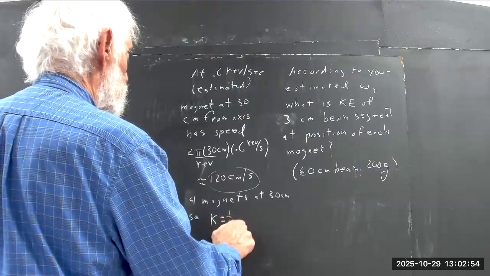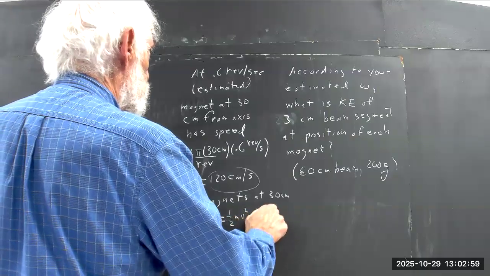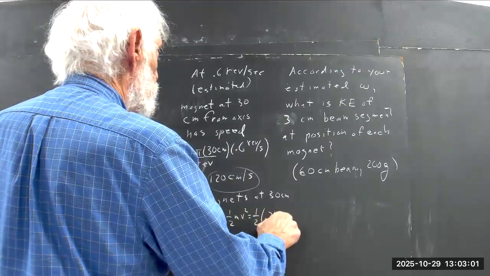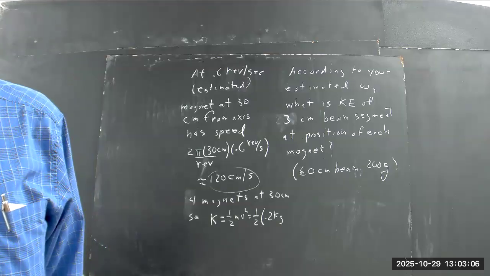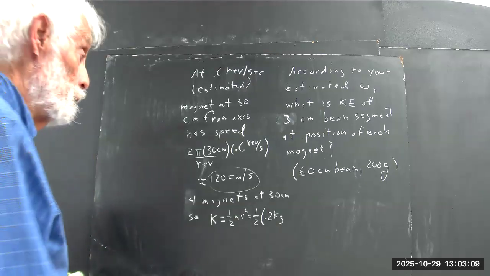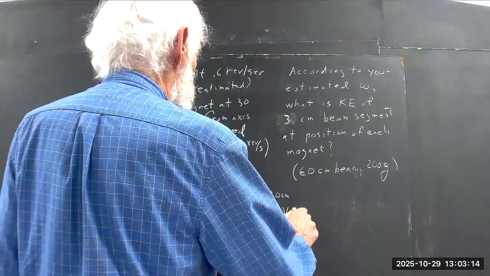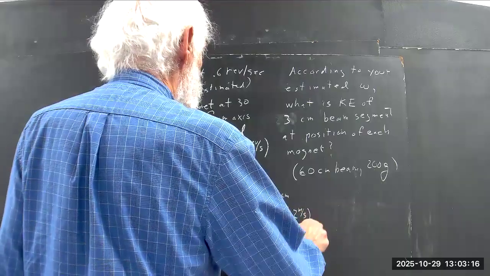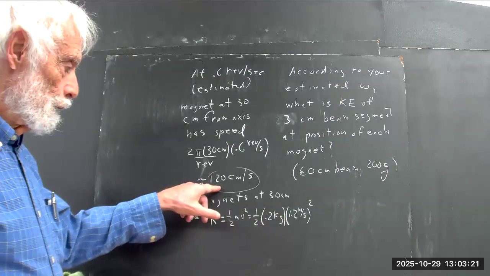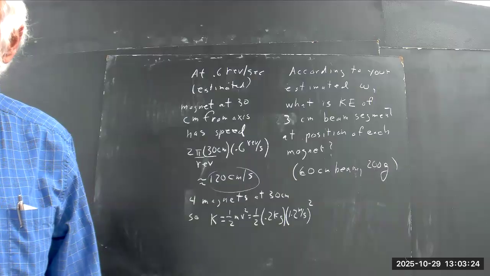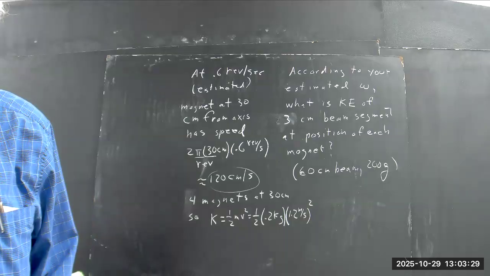Well, it's 1/2 mv squared, which is 1/2 of 0.2 kilograms, because each magnet's 50 grams, 4 magnets is 200 grams, that's 0.2 kilograms, times the speed squared. I would avoid confusion by converting the centimeters per second to meters per second, so you get kilogram meter squared per second squared, a standard unit for energy.